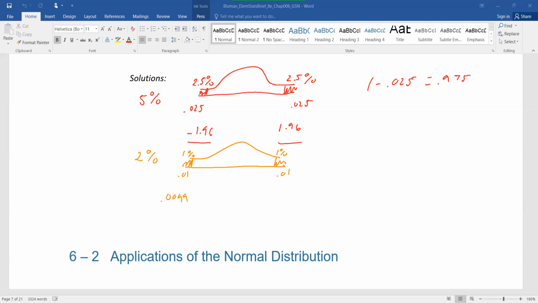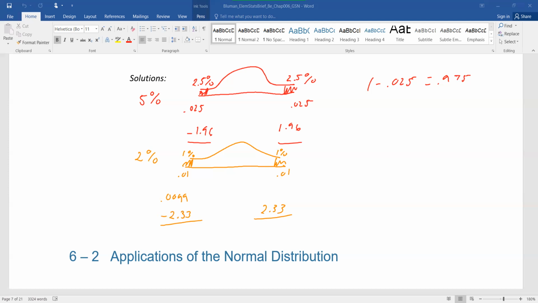Okay, if it's 0.099, what's the z-score that goes with that? All right, negative 2.33. That would be the answer. And then over here would be the positive 2.33. So it's just off by 0.0001. So since that's the closest one, we can go with this as an answer.